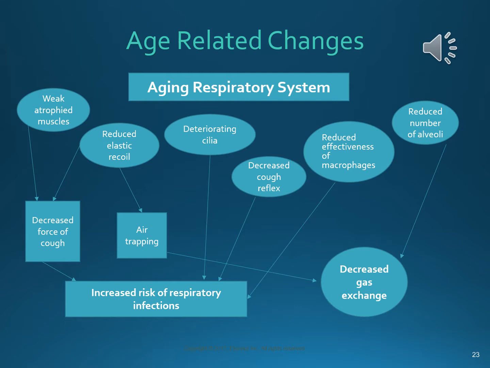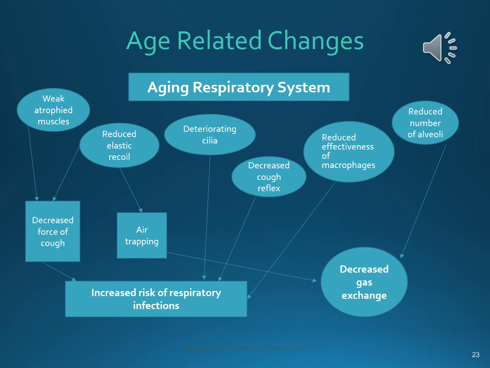And then finally, your immune system is reduced in its effectiveness. Remember those alveolar macrophages I talked about that engulf and phagocytize the bacteria? Those are less effective as we age, which increases the risk of respiratory infections.